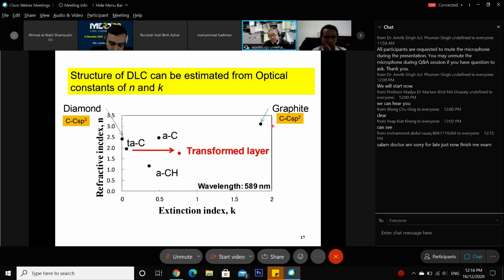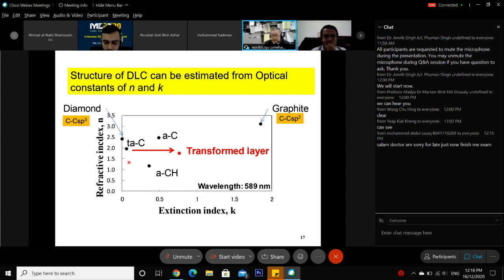The extinction index comes from the transparency. And the refractive index of diamond is about 2.5. Graphite is slightly larger. Amorphous material falls between these ranges. So if we can get the refractive index n and the extinction index k of the layer, we can estimate the structure.